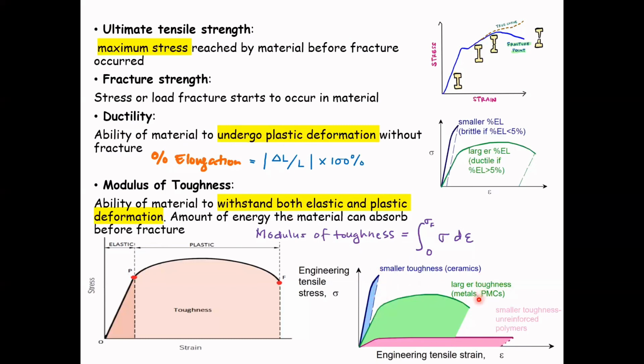And materials that exhibit a larger toughness, for example metals or PMC, show a large area under the stress strain curve in the stress strain diagram. And here we have the area under the curve for a smaller toughness material, such as unreinforced polymer.